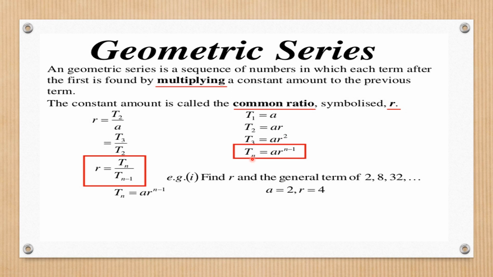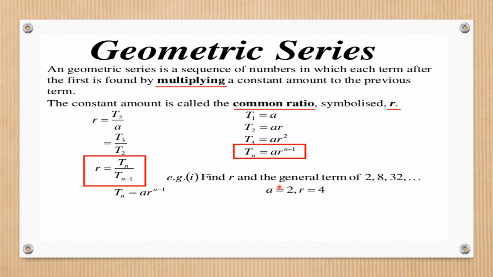So what will be your nth term? It will be a r raised to the power 1 less than n, that is n minus 1. So this is your general term or nth term: a r raised to power n minus 1.